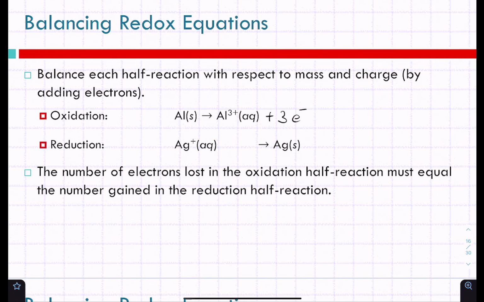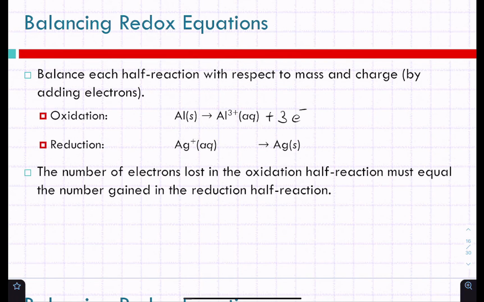It loses those electrons, but where are they going? They're going to the other half of the reaction. So by breaking this in half, we can count those electrons very easily and visibly like this, and then we'll cancel them out from the reactions when we combine them back together. Okay, this makes sense, but where is it coming from? Yeah, they're coming and going to and from the other reaction.